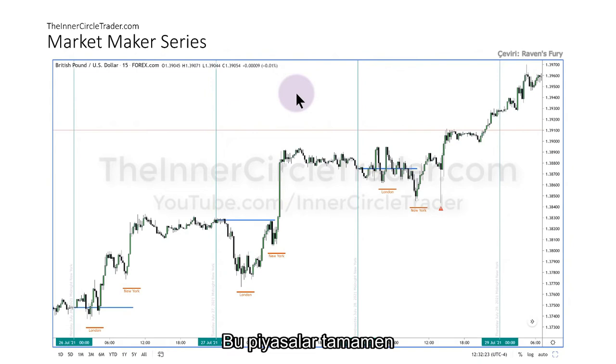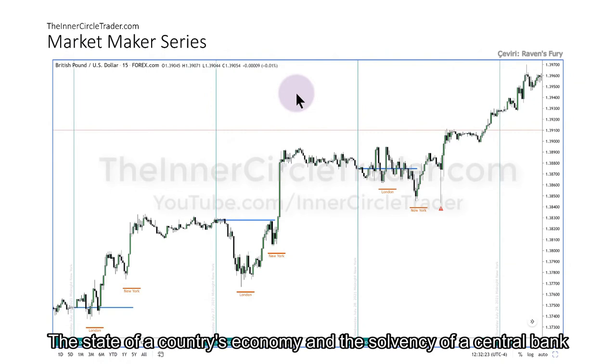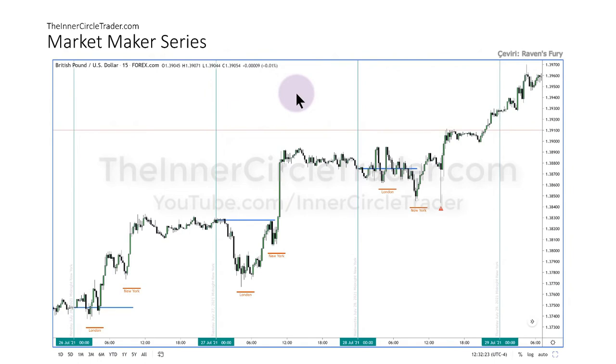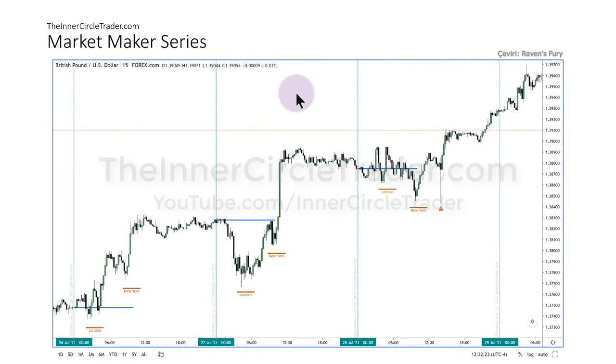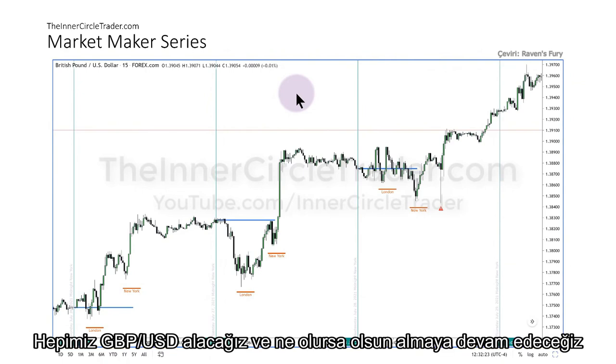These markets are absolutely manipulated, controlled, period. The state of a country's economy and the solvency of a central bank is not going to be put in the hands, okay, of Reddit. I mean, if everybody around the world said, hey, look, here's what we're going to do, we're all going to buy the British pound, and we're going to keep buying it no matter what.